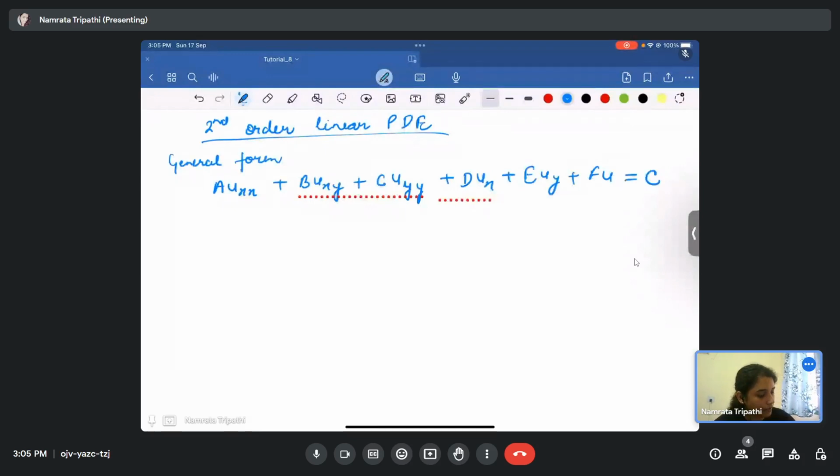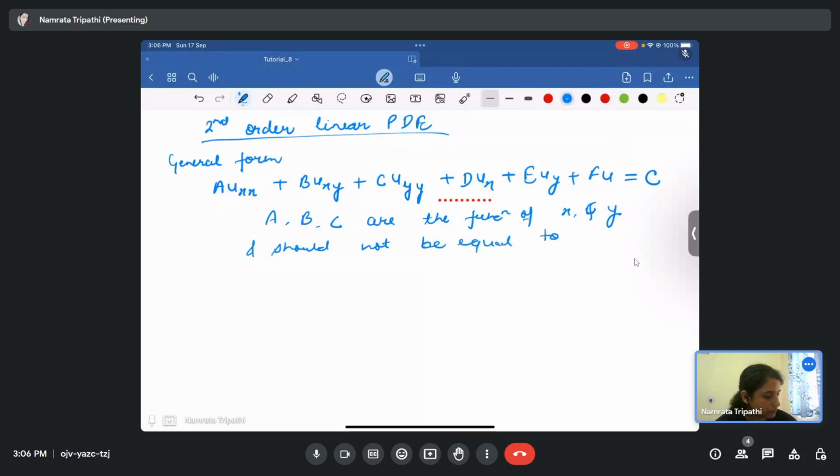Here A, B, C are functions of x and y, and should not be equal to 0. If these terms are 0, then we'll get the differential equation of one order, which is not second order.